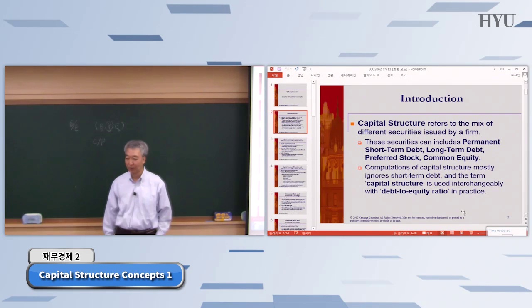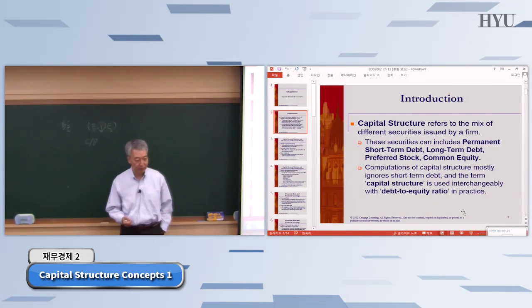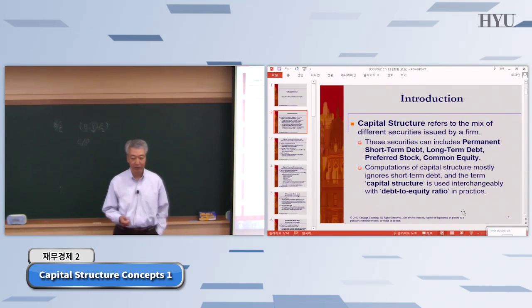Yeah, the preferred stock, the name is stock, right? But for practical purposes, it's exactly the same thing as a bond, because once you issue the preferred stock, you have to pay those dividends, just like debt, just like a bond.